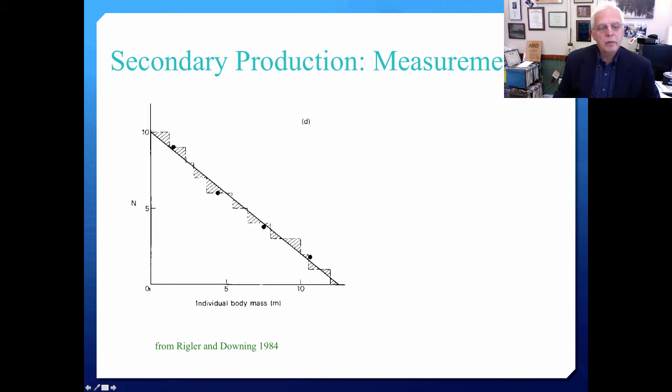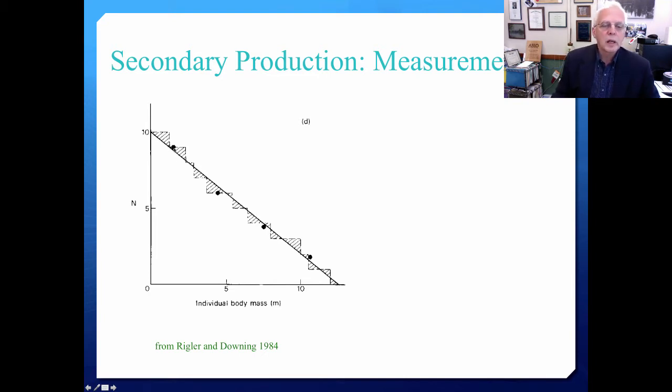So you, in a way, have three dimensions. We have individual mass, body size, numbers. This is body size, this is numbers, and here we have some sort of mortality rate over time. So what happens is we lose some of those organisms.